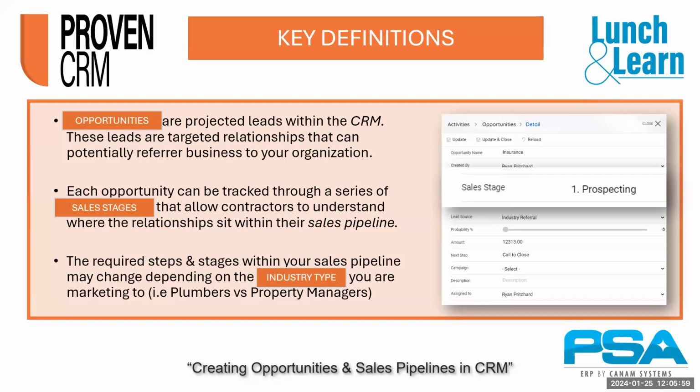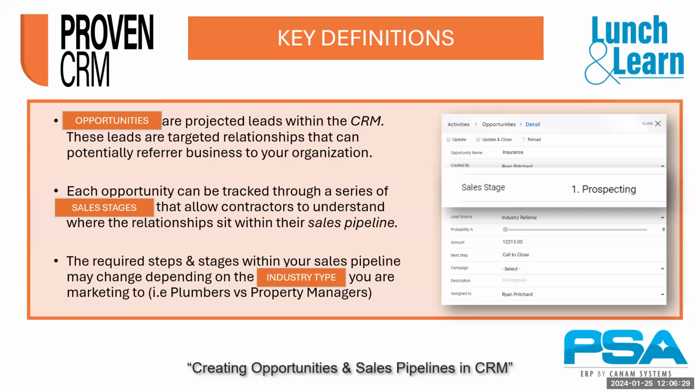And last but not least, each of these steps and stages that we set up within our pipeline may require our team to change our process and what we follow based on the different industries that we're marketing to. So, for example, our strategy for marketing to plumber referrals may be very different than the strategy we use to market to property managers or adjusters, or maybe even other restoration companies.